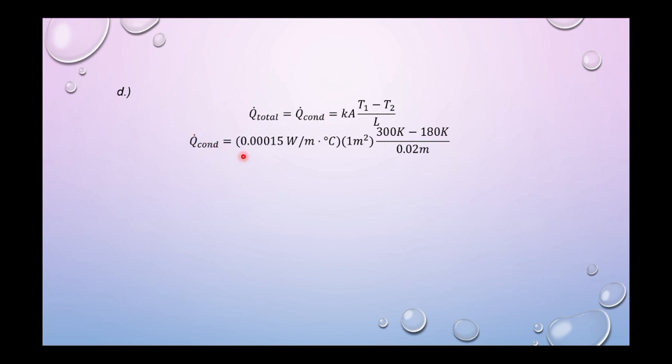Q conduction is equal to 0.0015 watts per meter degree Celsius, which is the thermal conductivity of the super insulation, times 1 square meter, which is the area, times 300 Kelvin minus 180 Kelvin over 0.02 meter. So our heat conduction is equal to 0.9 watts. So this is the super insulation heat conduction.